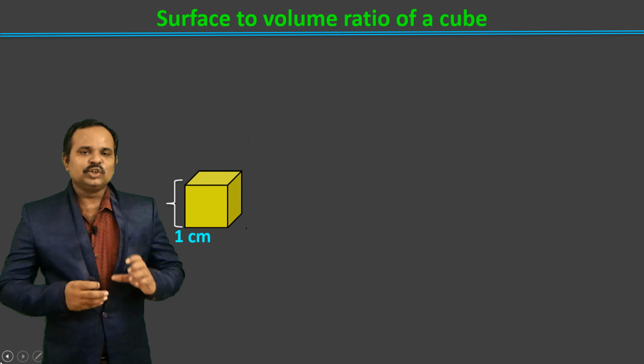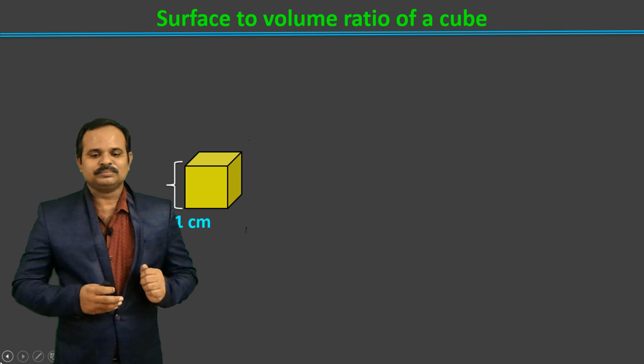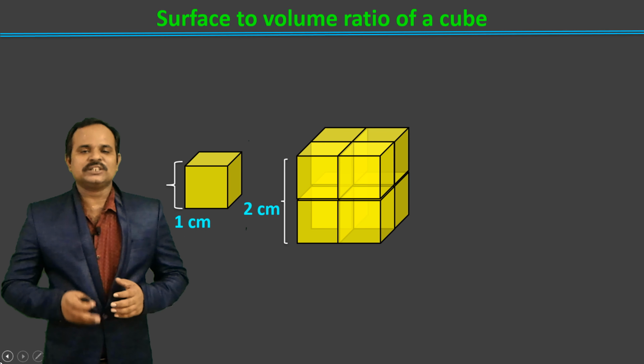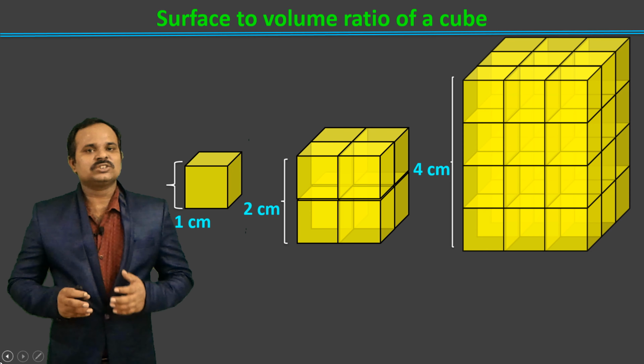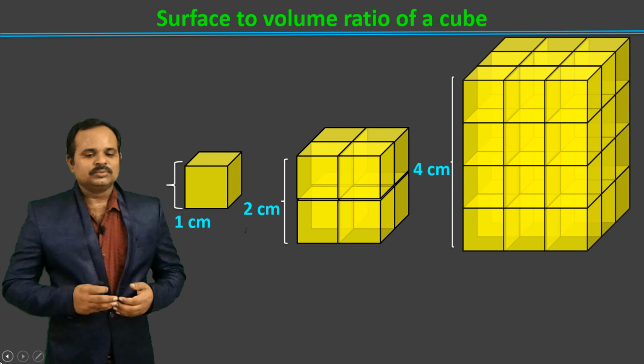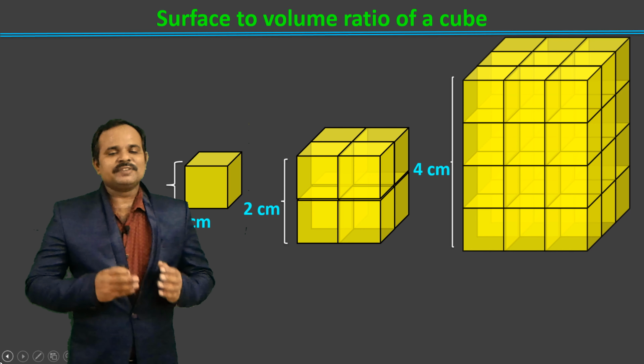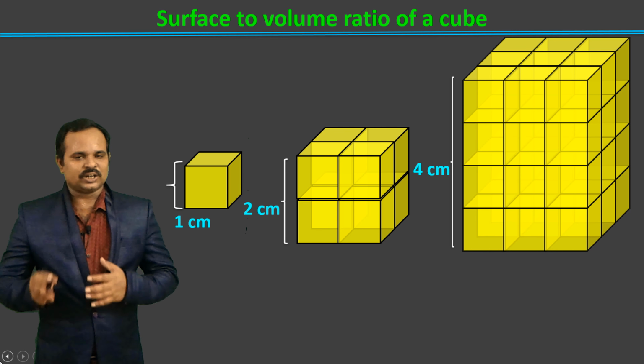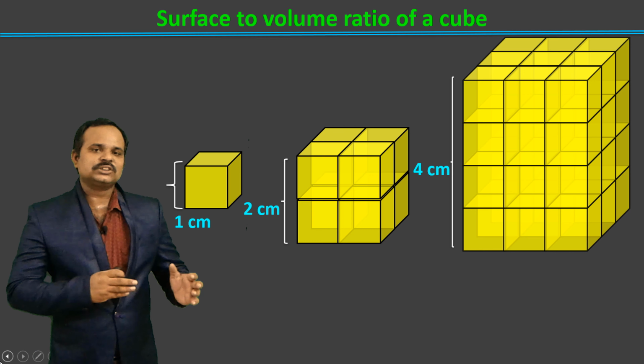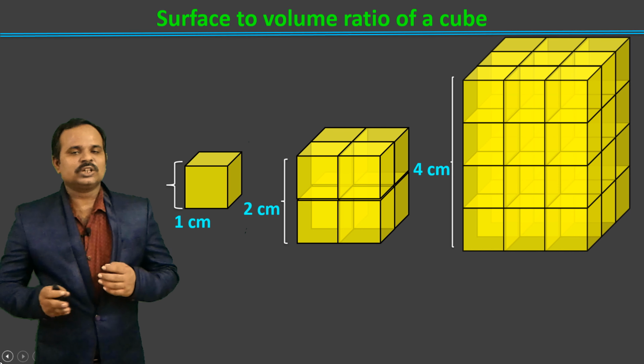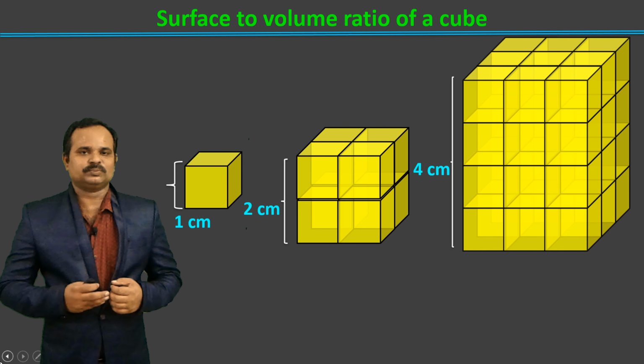Let us consider a cube with edge 1 centimeter, a second cube with edge 2 centimeters, and a third cube with edge 4 centimeters. Now, we can find the surface area of the first cube, second cube, third cube, and also the volume of each, so that we can find the surface to volume ratio.